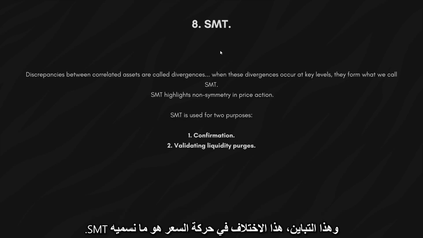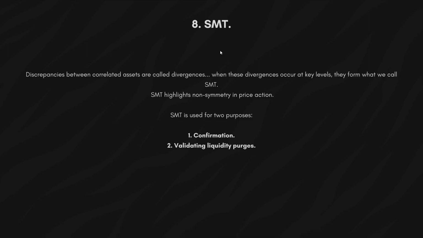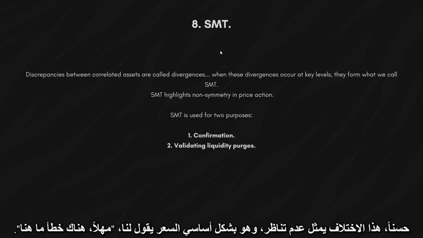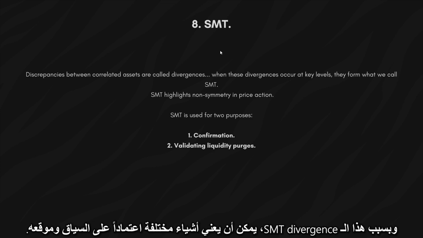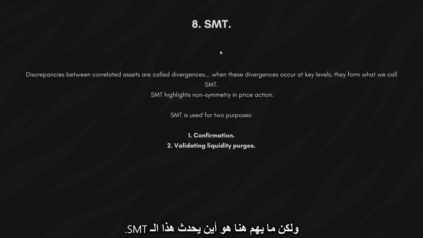And that difference in price action is what we call an SMT. That difference represents a non-symmetry, which is basically price saying to us, hey, something's off here. And because of that SMT divergence, it could mean different things depending upon the context and its position.